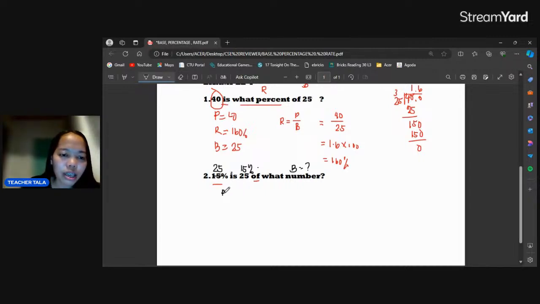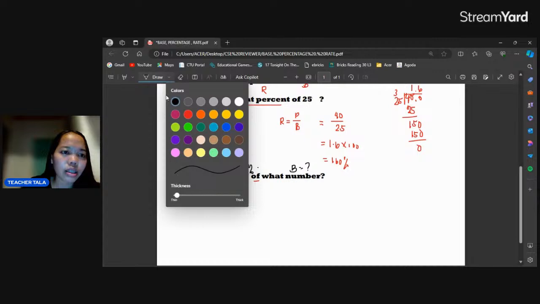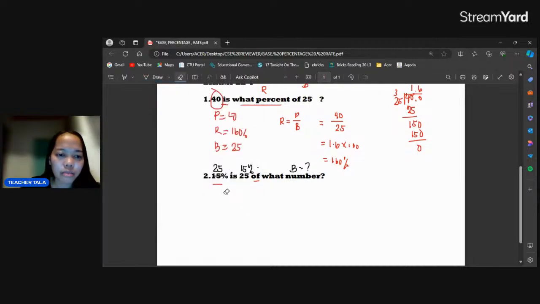So, P is equal to, again, let's make it red para mas madaling makita yung solution. P is equal to 25. R is equal to 15%. B is missing.